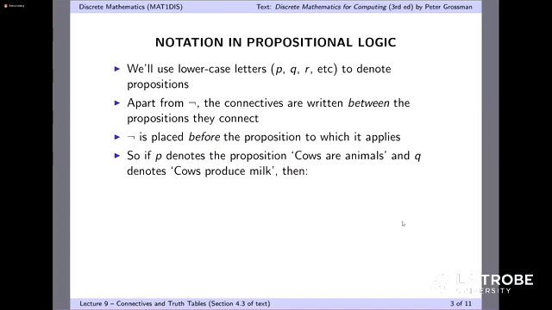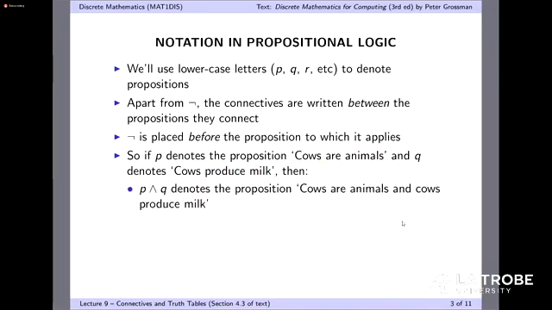So if P denotes the proposition cows are animals, and Q denotes the proposition cows produce milk, then P and Q denotes the proposition cows are animals and cows produce milk. This may also be restated as cows are animals and produce milk.